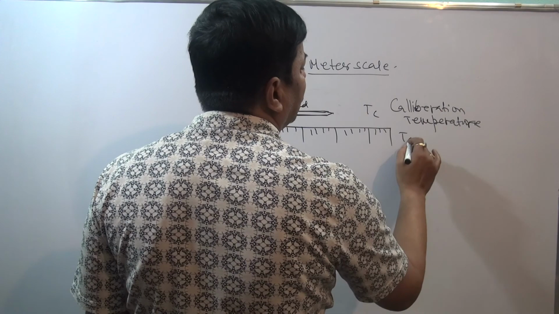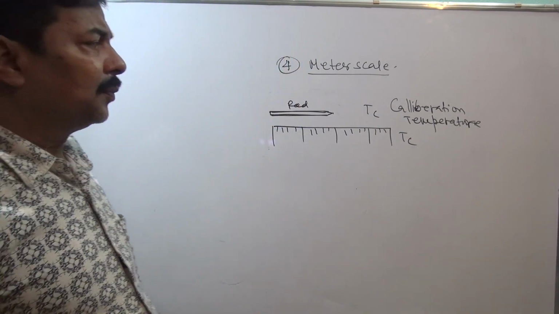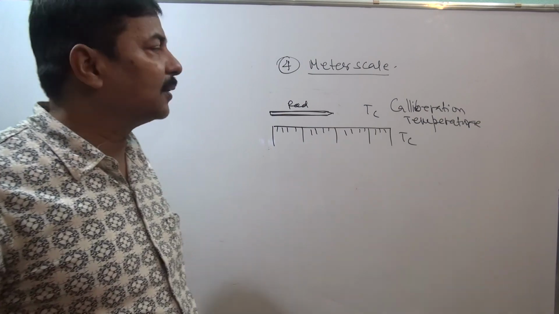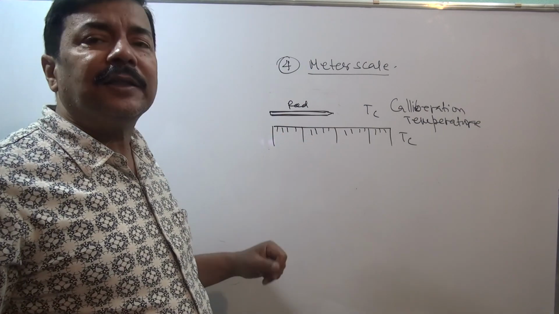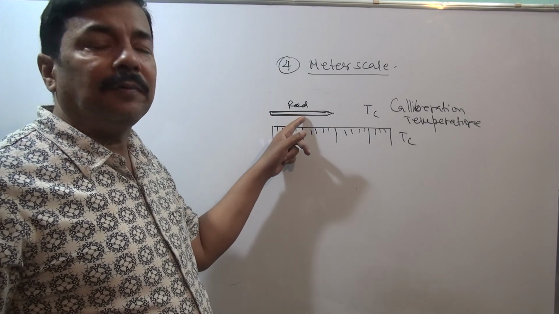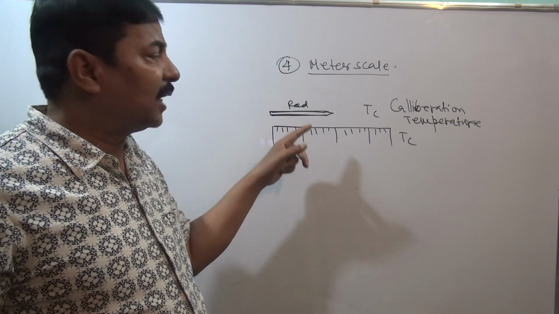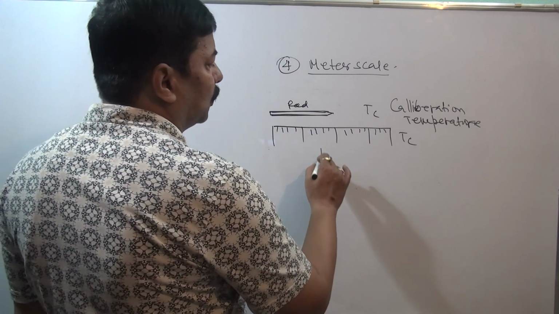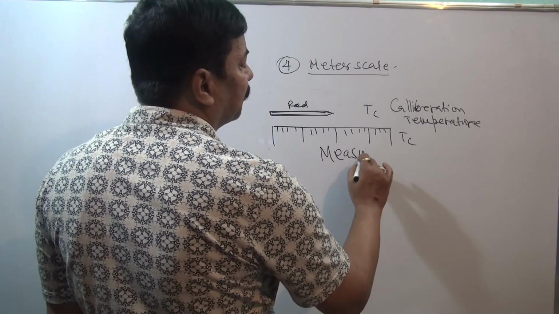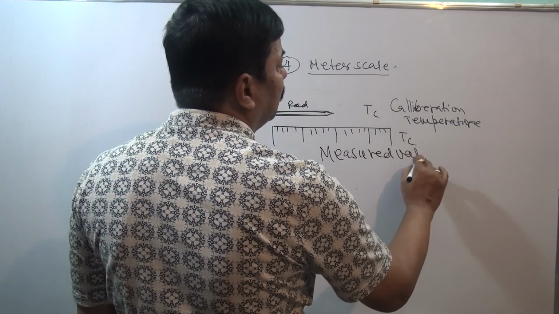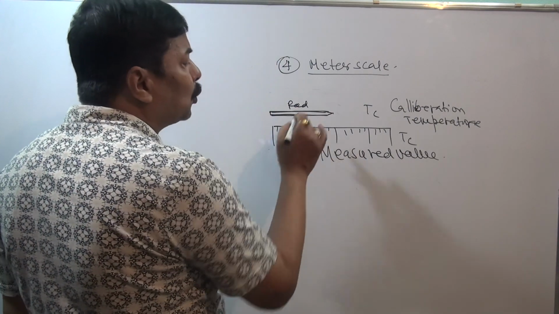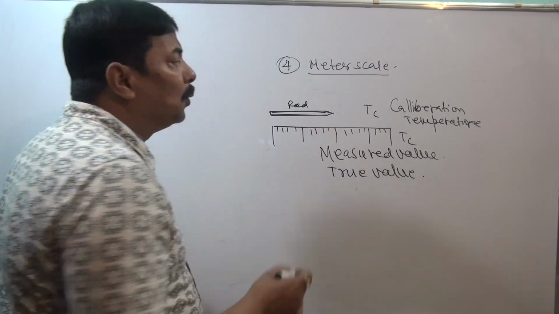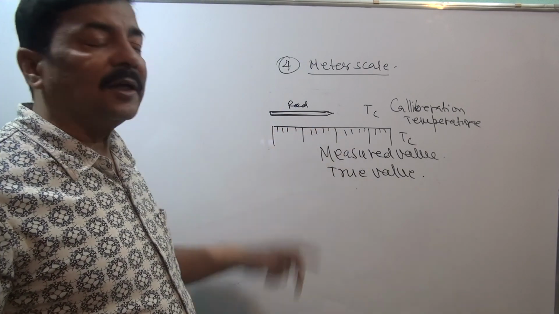Calibration temperature means that temperature at which this scale will give the correct reading. So at calibration temperature, the measured value will be the true value of the rod.